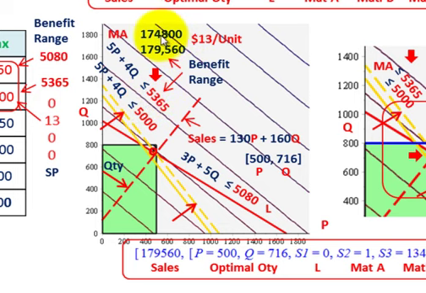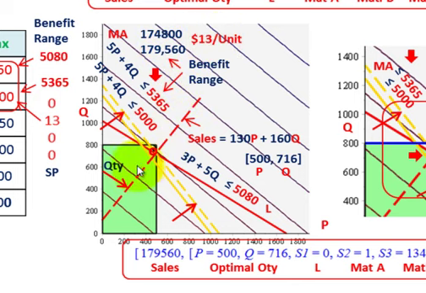In this case, we moved from $174,800 to maximum sales of $179,560 by increasing our material from 5,000 units to 5,365. And again, that averaged out to $13 per unit, which represented our shadow price. That was the benefit range.